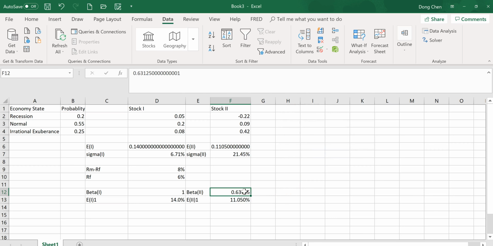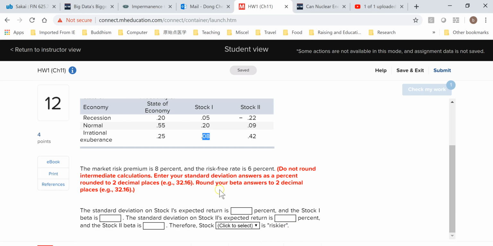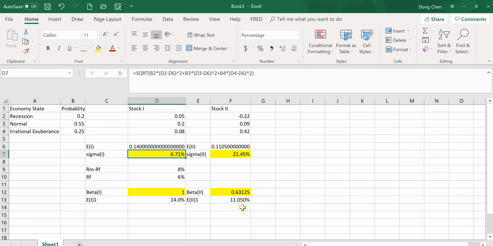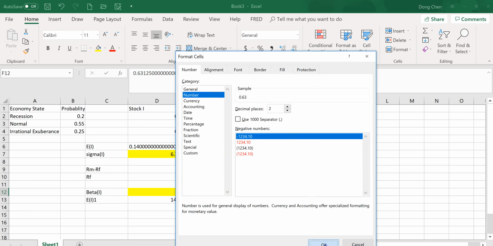So we have basically solved this is what we need, and this is what we need, and this is what we need. So here I just copy the numbers, but note the rounding requirement again. Rounding beta answers to 2 decimal places. So I have to change the format here to 2 decimal places.